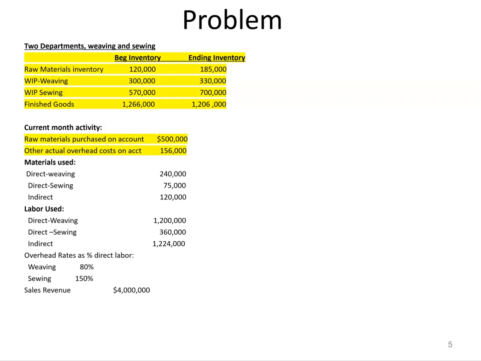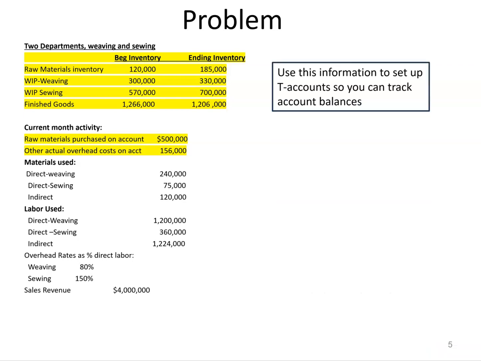So what information do we need? Because we're going to do the T accounts, we need beginning and ending balances, because when you're going from one process to another, you need to know how much actually transferred out. And the other thing we need for our journals is how much raw materials we purchased and what actual overhead costs we incurred.